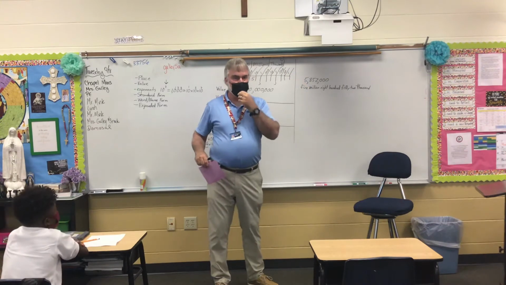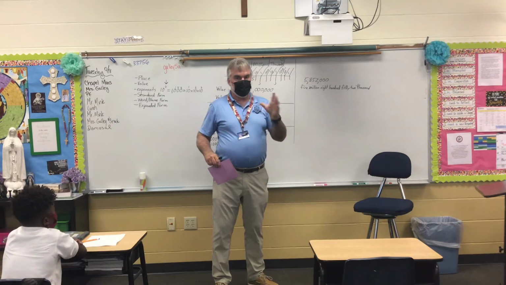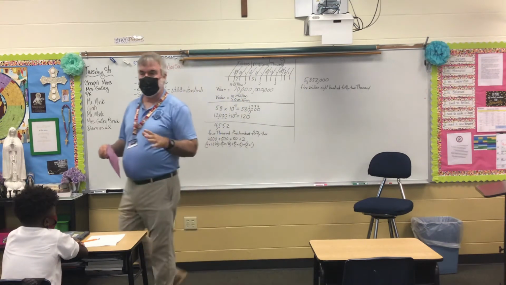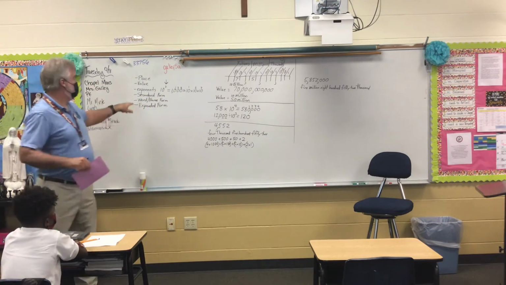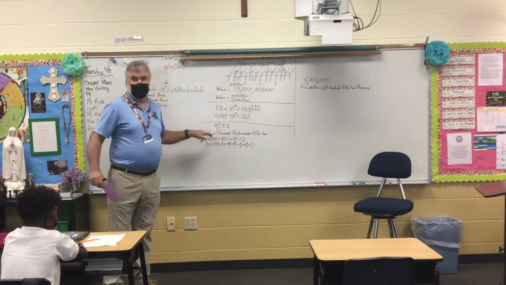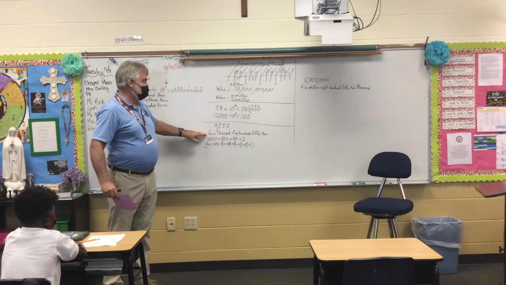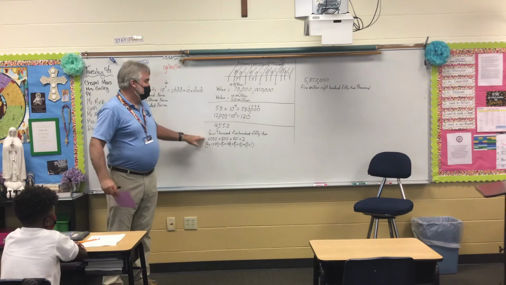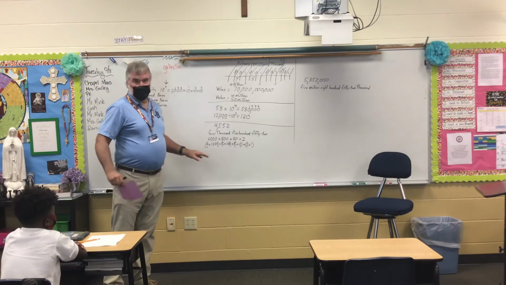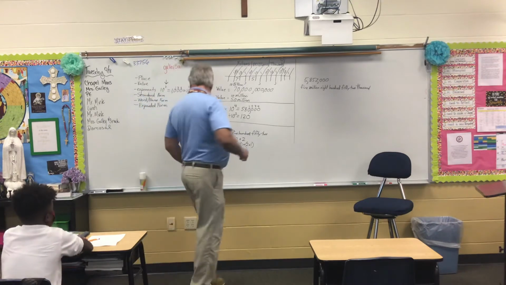Is everyone good with that? 3 forms. Standard form, which is just the number written out. Then you have word form, where it's written in words. Then you have the expanded form, okay?